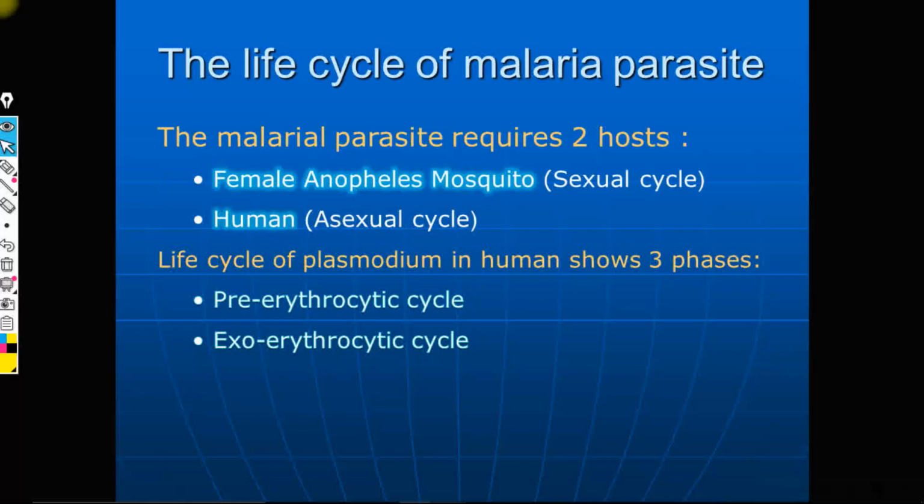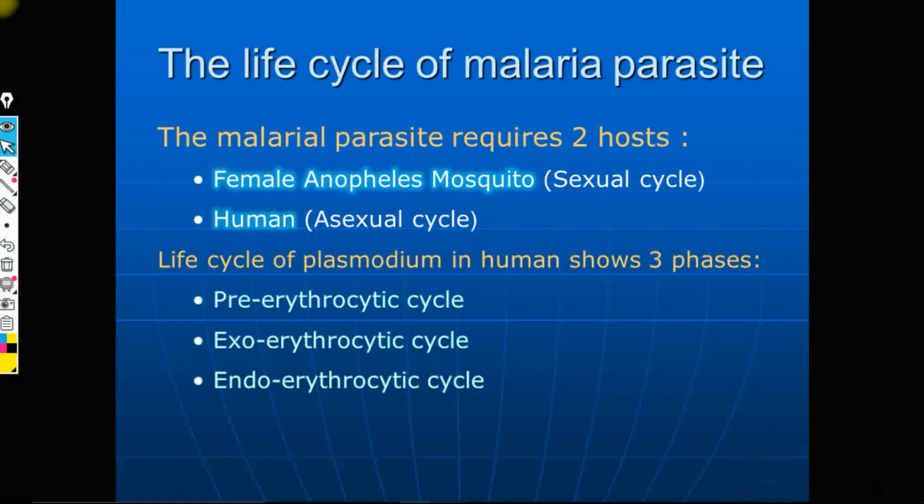You know that hemoglobin is a respiratory pigment and a major protein of your blood. Out of that hemoglobin, globin serves as a major source of amino acids for this plasmodium species, and that phase constitutes the endoerythrocytic cycle, which is responsible for all the major symptoms of malaria.